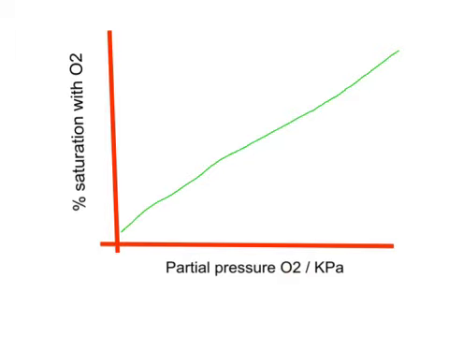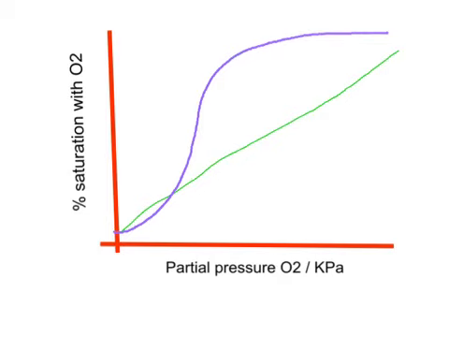That's pretty straightforward. However, with hemoglobin, it's a bit different. You see a sigmoid or S-shaped curve. So we start there, it gradually increases like that, and then it levels off like that.